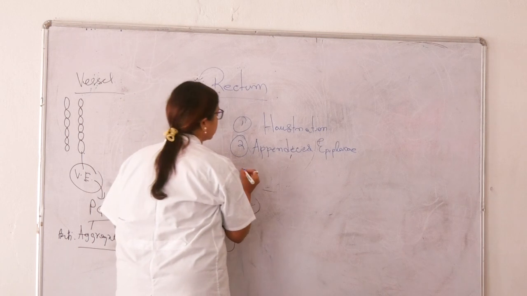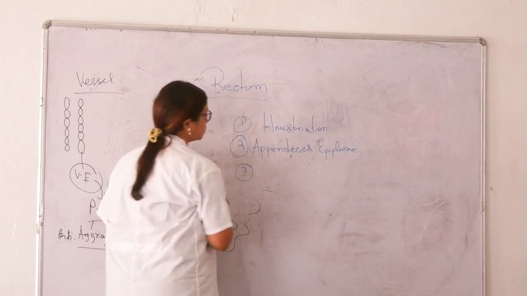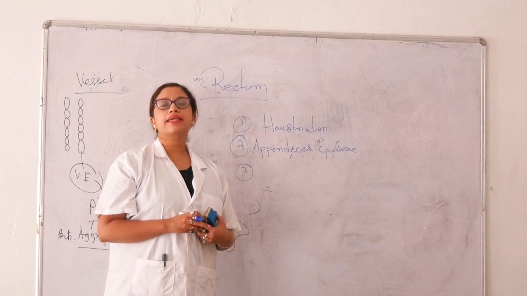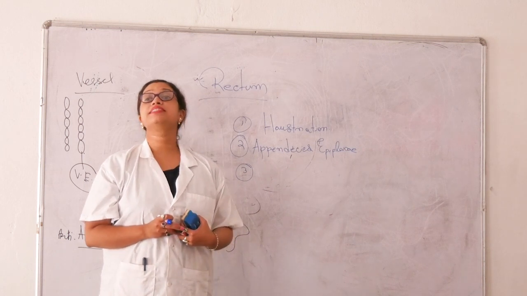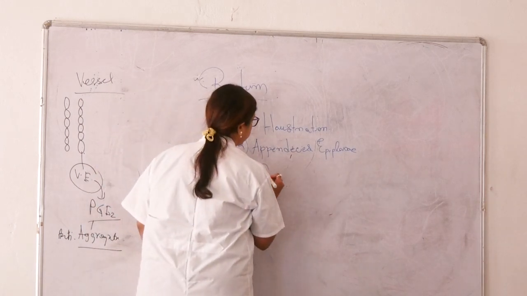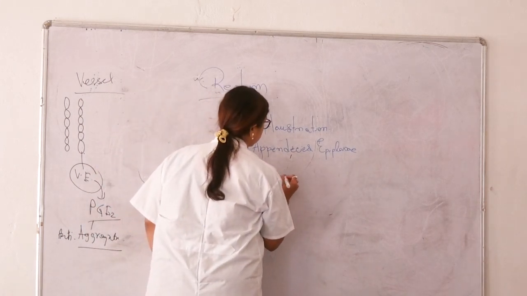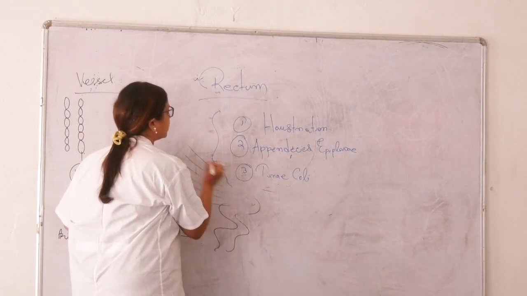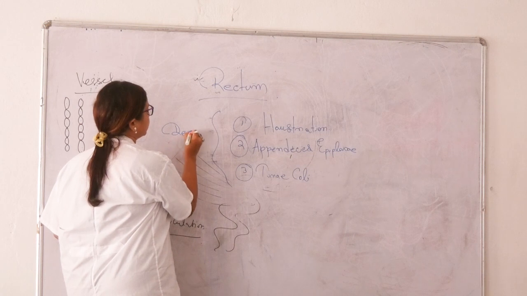And the third one, what is the third characteristic of large intestine? Architecture. Another one is taenia coli, right? So these are absent in the rectum. The rectum is devoid of all these characters.